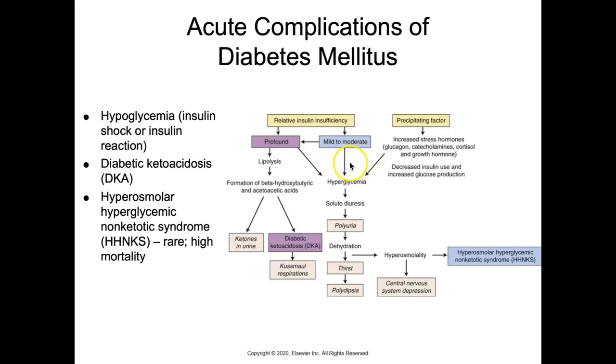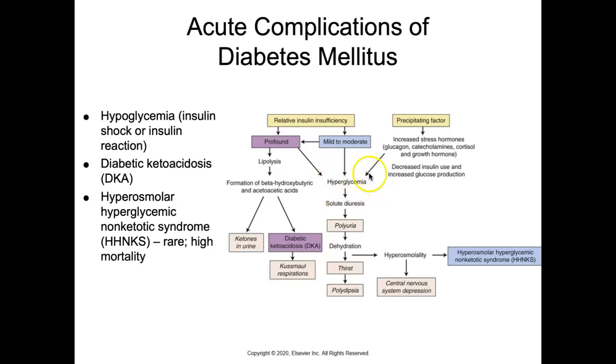So here we might have a lesser degree of insulin deficiency taking place, and we are going to develop hyperglycemia. Note that we don't have the process of lipolysis or the ketones developing here, so acidosis doesn't take place.